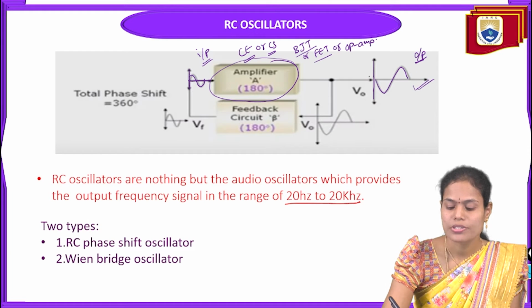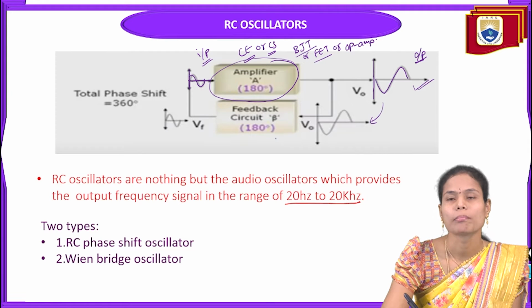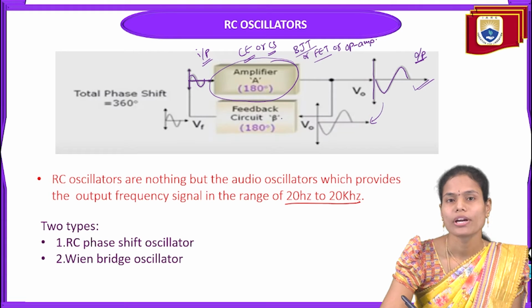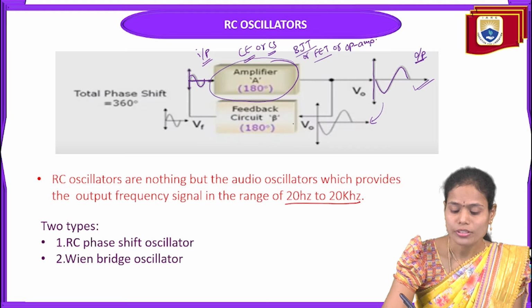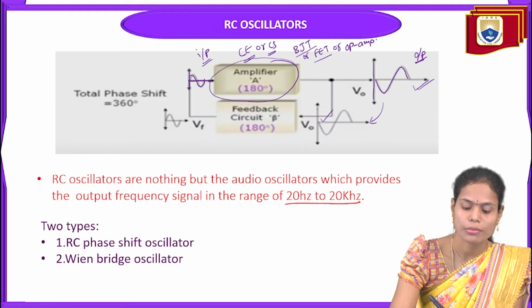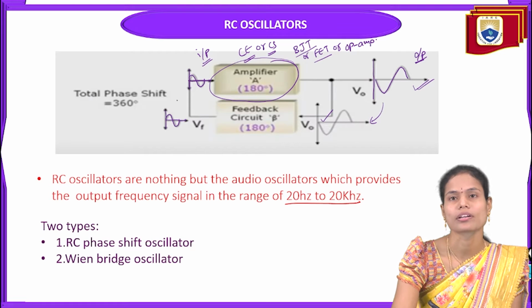This same output signal we again apply to the feedback circuit. In the case of RC oscillators, the feedback circuit we need to design in such a way that it provides a total of 180 degrees phase shift. So when this signal, which is already 180 degrees shifted, is given a further 180 degrees phase shift by the feedback circuit, we again get the signal we applied across the input.